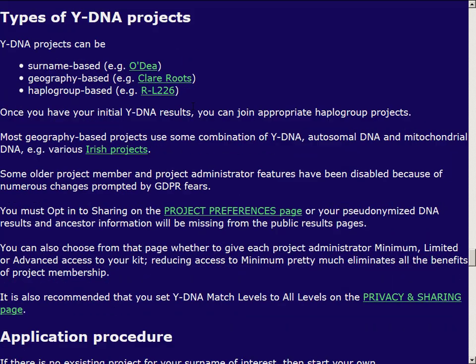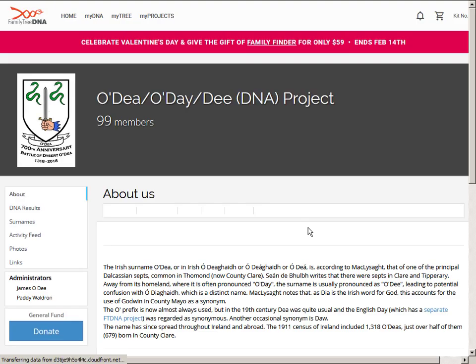So you can set up a project which is surname specific. O'Dea is one of the ones that I manage. If you're the project administrator, you can design the project homepage with text to tell people the history of the surname, encourage them to join, tell them what products to order, tell them to come to the next clan gathering. We had a big O'Dea clan gathering in Ennis last May for the 700th anniversary of the Battle of Dysart O'Dea.